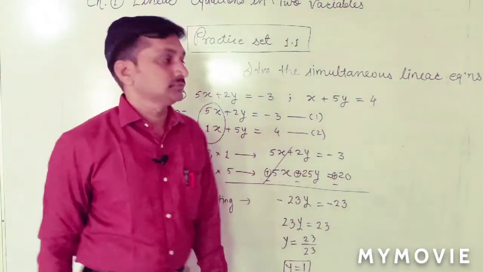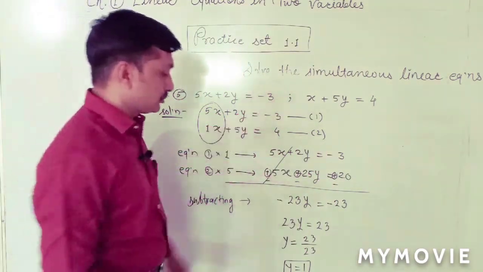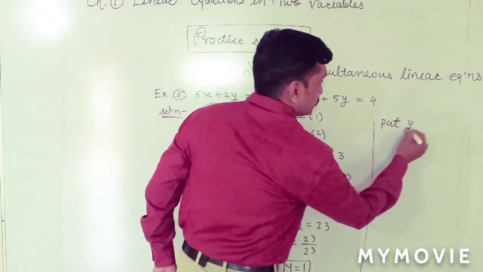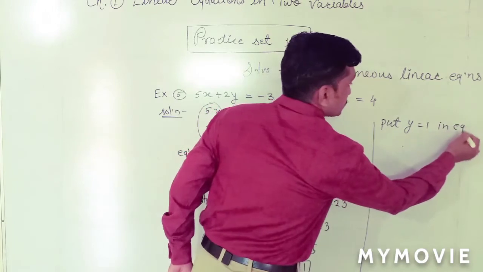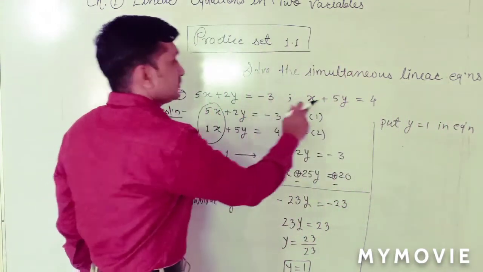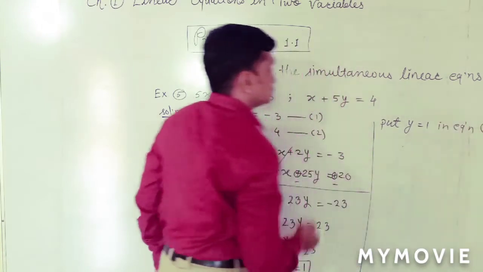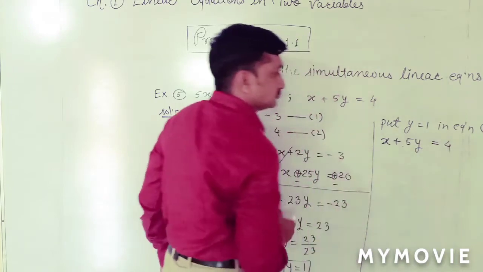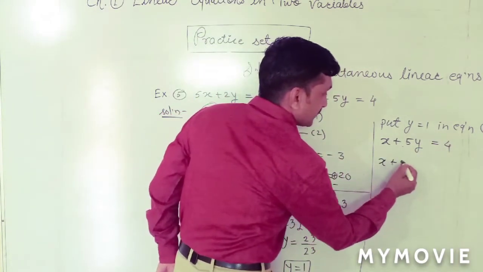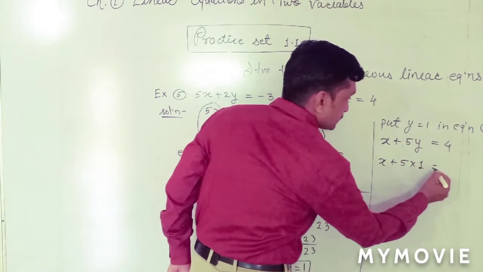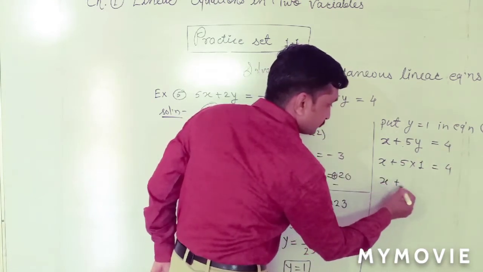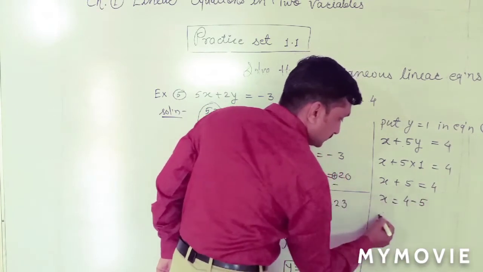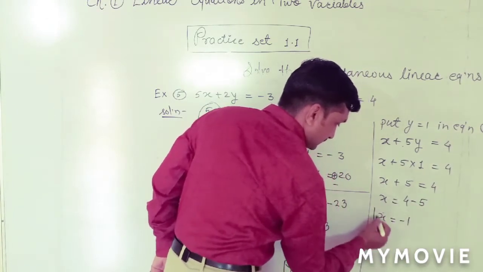First variable we got. Now put that value in equation 1 or 2, and we get the value of x. Put y is equal to 1 in the second equation. x plus 5y is equal to 4. x plus 5 multiplied by the value of y, 1, is equal to 4. x plus 5 is equal to 4. x is equal to 4 minus 5. x is equal to minus 1.